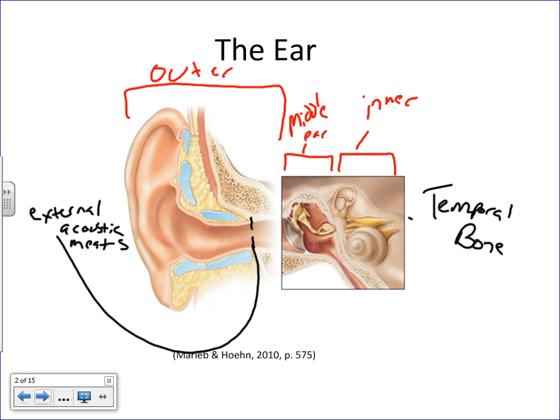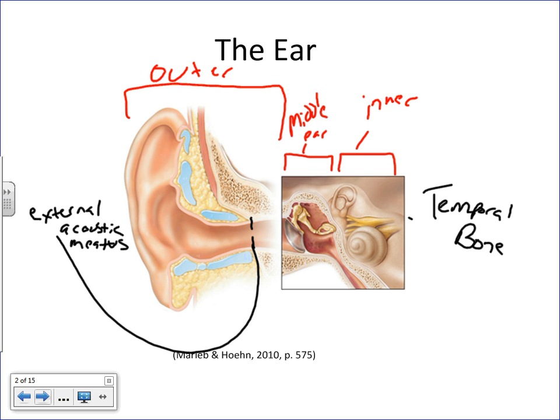Some people call this the external auditory meatus. For me, personally, I could care less which one of those two you use as long as it's in the correct context. So essentially the ear opens into the external acoustic meatus of the temporal bone. I just am more familiar with saying acoustic.